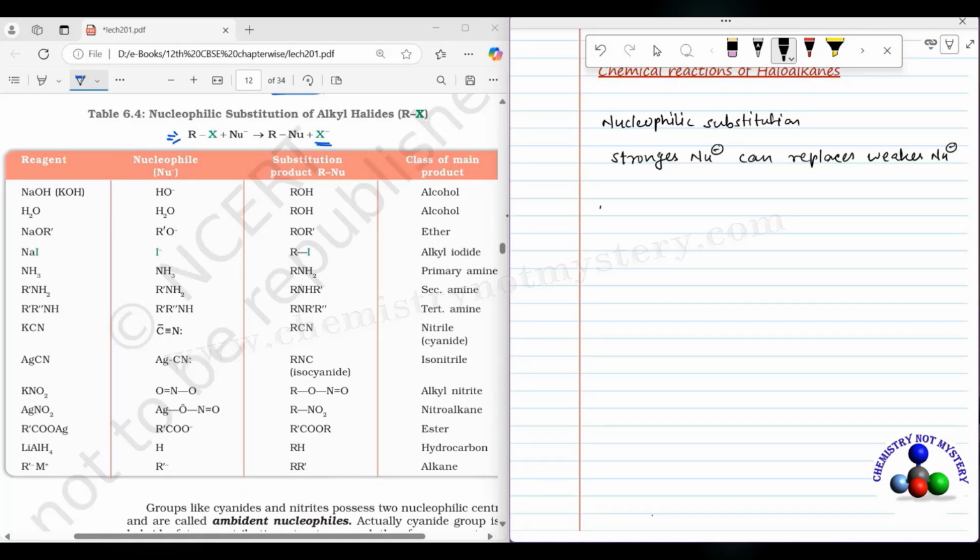For example, there is some nucleophile. A nucleophile is a negatively charged species, or it can have an extra pair of electrons. So a nucleophile can be negative or it can have a lone pair of electrons.